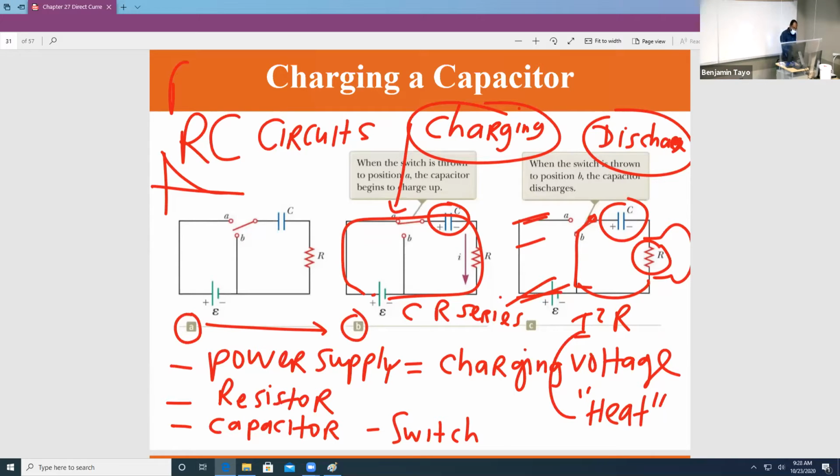And how long does it take for the brightness to go to 0? It depends on what I'm using as the resistor, and it also depends on the value of the capacitance. As a matter of fact, R times C is called the time constant.